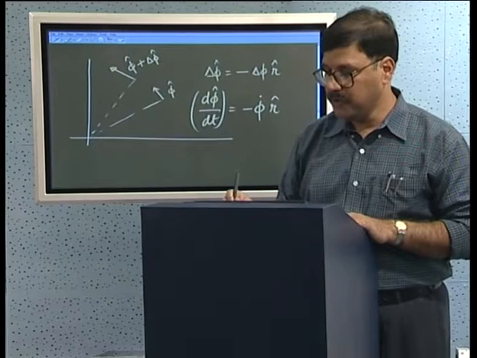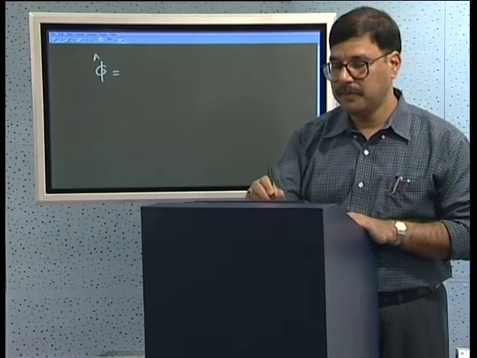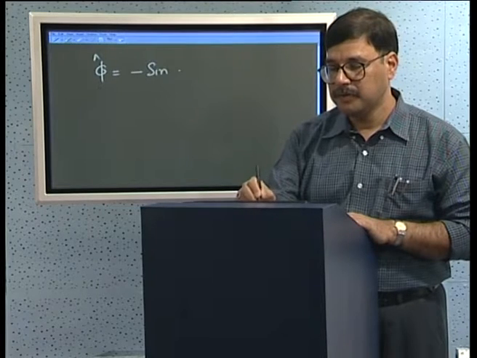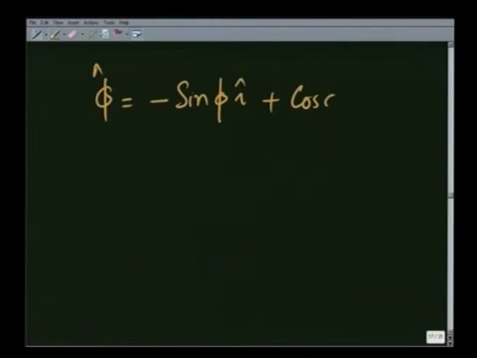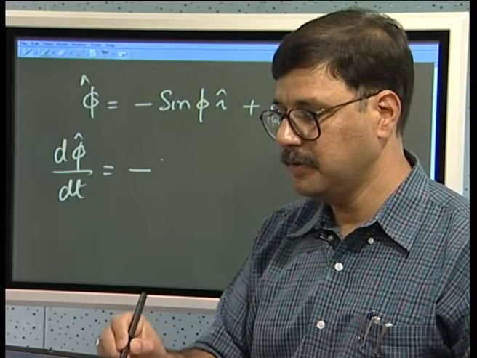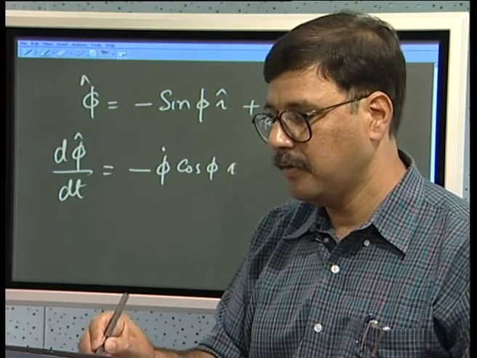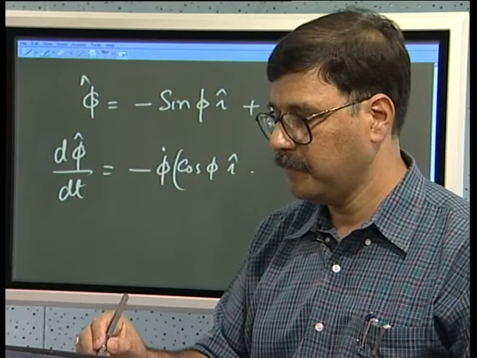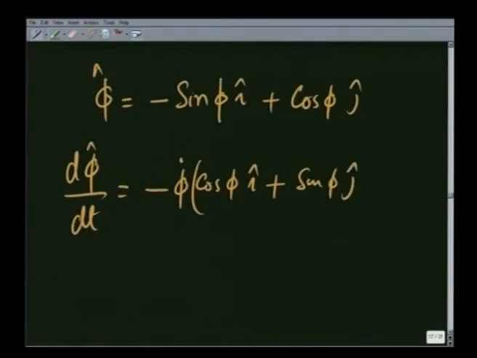I will go to the definition of phi unit vector, which was minus sin phi i plus cosine phi j, and differentiate to get minus phi dot cosine phi i plus sin phi j.